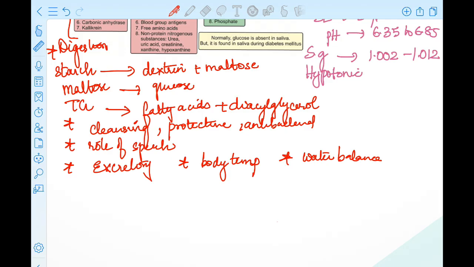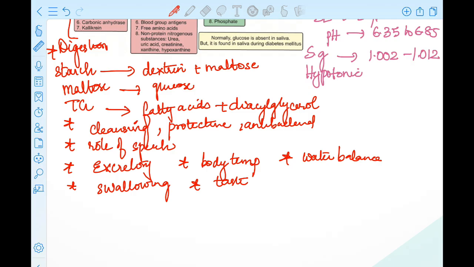And other than this, it helps in preparation of food for swallowing or lubrication, facilitating chewing, then rolling of the bolus, everything. So definitely it helps in swallowing. Then appreciation of taste because of the taste buds, and also it will stimulate the taste buds, enabling taste perception.